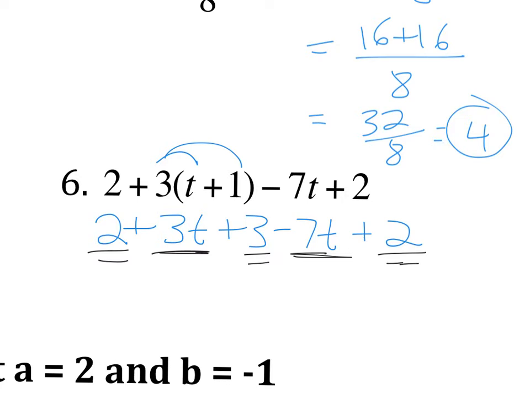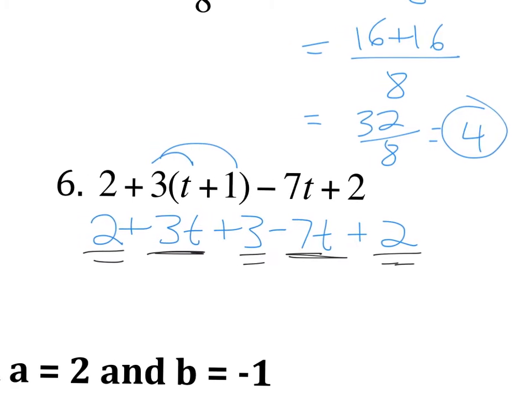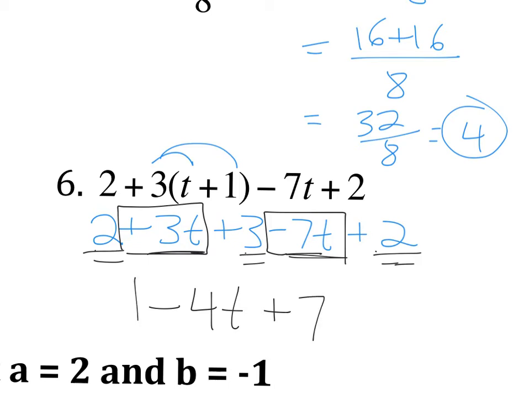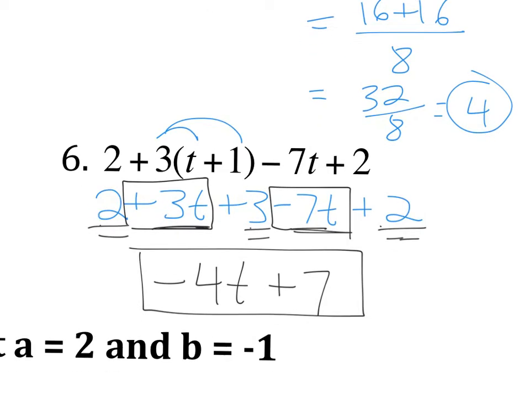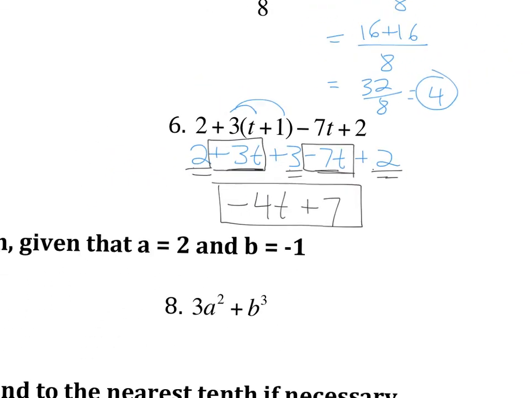This is when your annoying teacher always said, pay attention to the sign in front. So when I combine the t's, I'm going to look at a positive 3t, a negative 7t. It combines to give me -4t. When I combine the numbers, I have positive 2, positive 3, positive 2. That is a positive 7. I can't combine the numbers together with the t's. So that's what I'm left with.